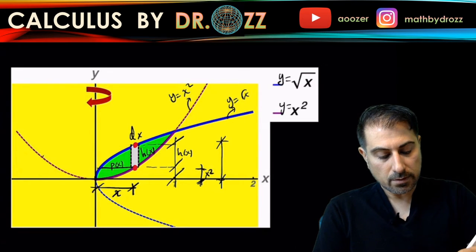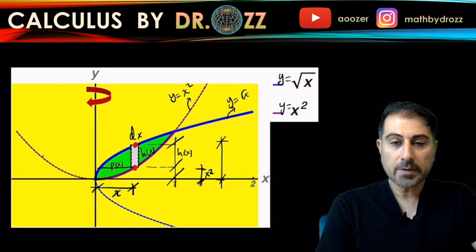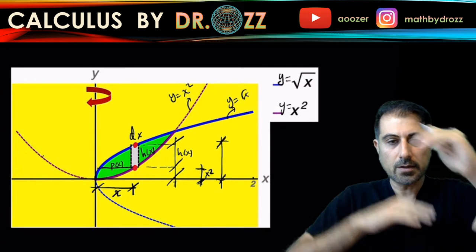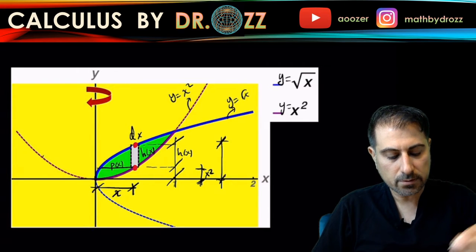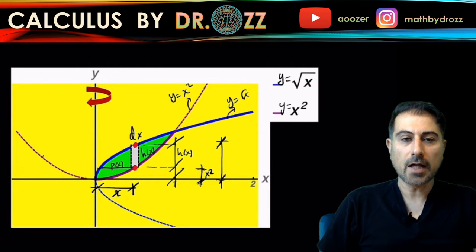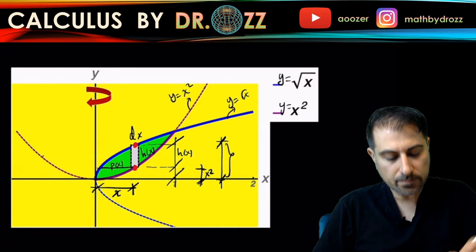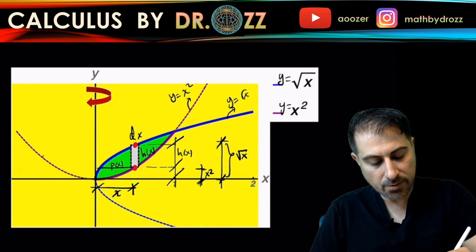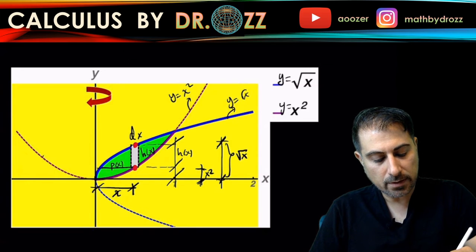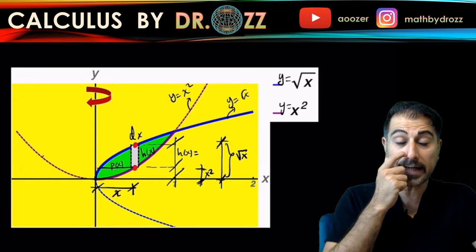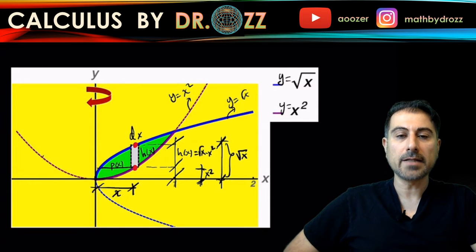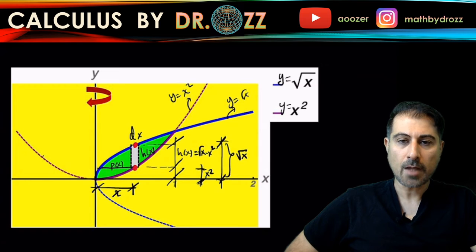And the other red mark at the top is going to determine the higher part, right? So this distance here is radical x. So this way I can write h of x as the difference of radical x minus x squared. Here we go.